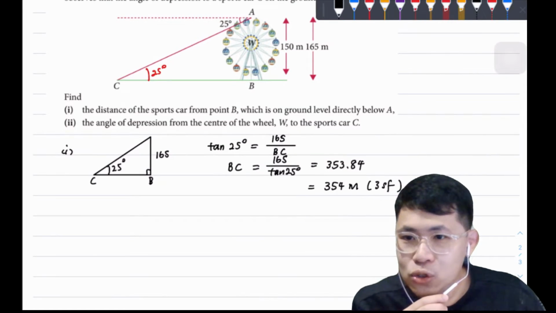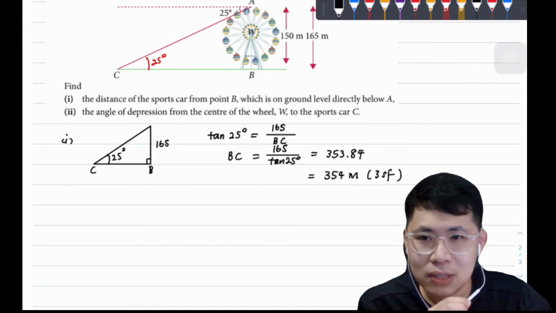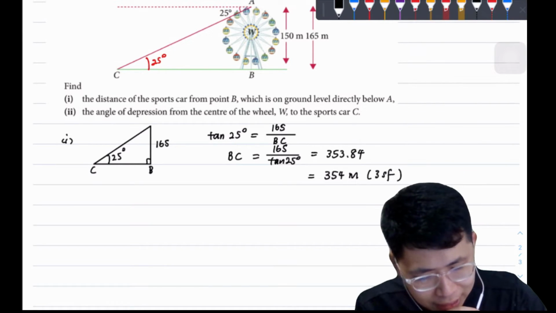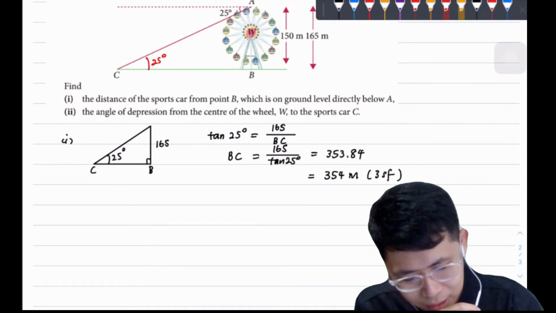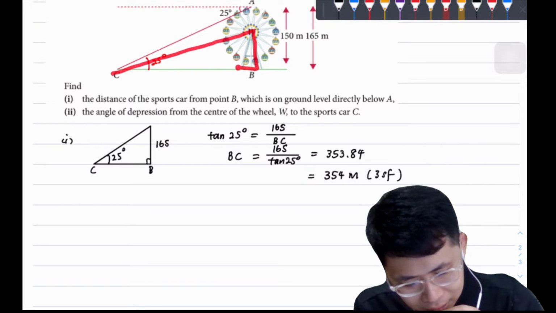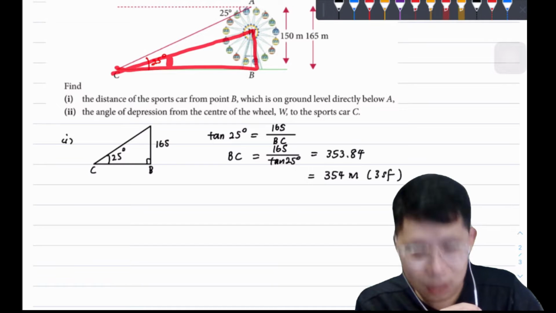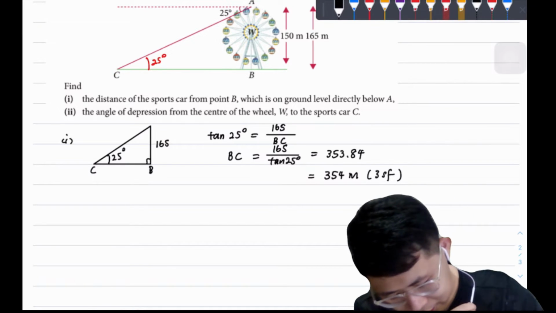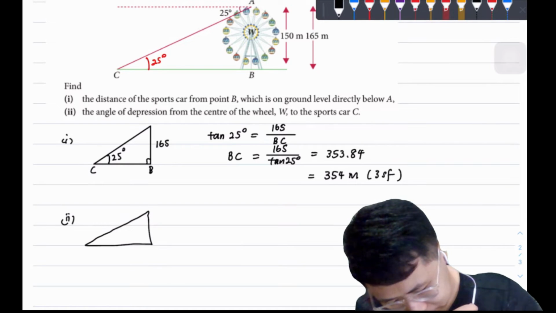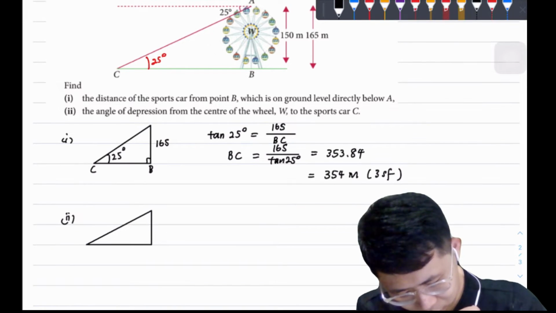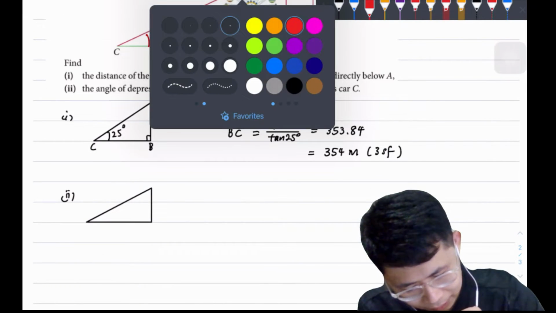Let's take a look at number 2, the angle of depression from the center of the wheel to the sports car C. The right angled triangle that we are looking for is from the center of the wheel. We're going to look at this particular right angled triangle. Let me extract this out and draw another right angled triangle.